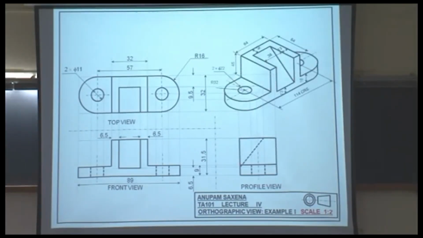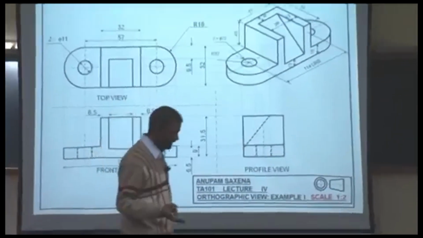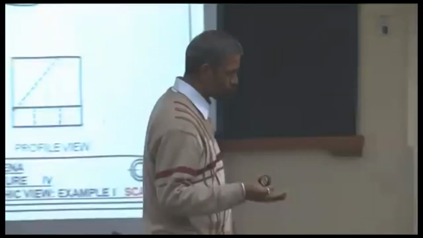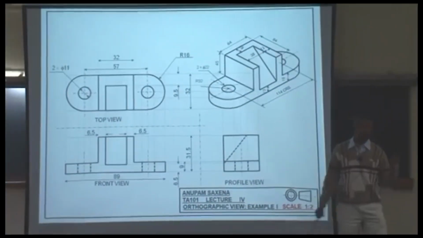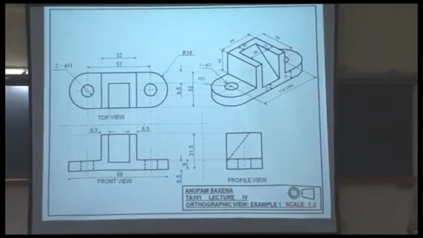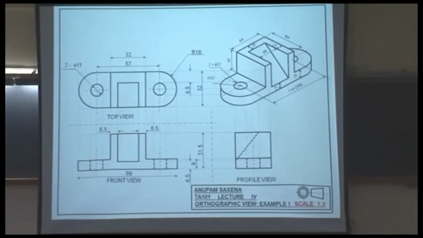But if I show this object to you, you have an idea of what an object would look like in 3D, and you also have an idea as to what the object would look like when looked at from 3 different orthogonal directions. So, would you say that this picture is complete? The 3 orthographic views and a pictorial view or a 3D view?